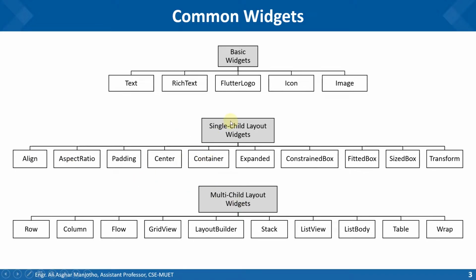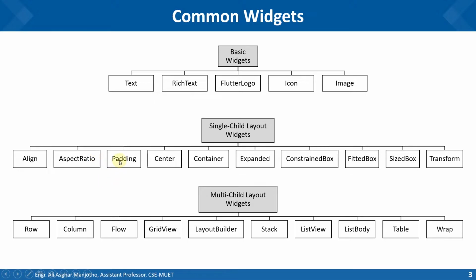Among the single child layout widgets, you have the align widget, which may align the child widget provided inside it to the left, right, center, or justified alignment. Then you have aspect ratio, which will maintain the ratio of width and height regardless of how you resize that widget.